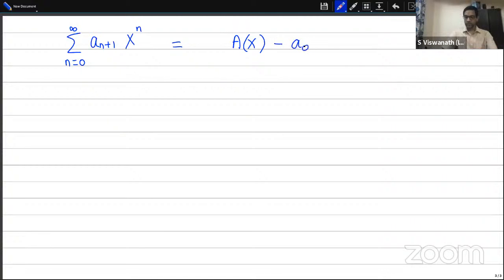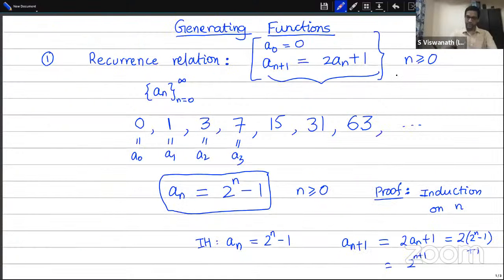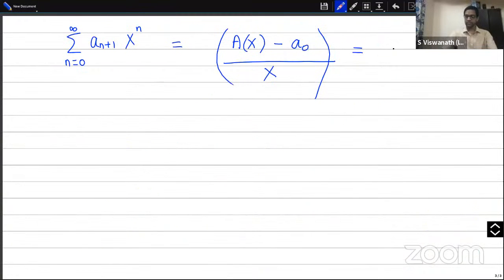From that, you remove the constant term, so that everything now has x and higher powers, and then divide the answer by x. This is really what we are doing when we are shifting it in the other direction. But in this particular case, we also knew what a0 was. You were given that a0 was 0. So therefore, here it just becomes a of x by x.